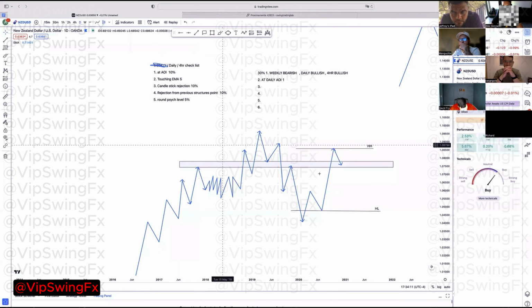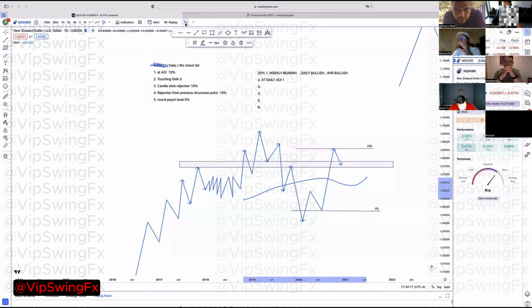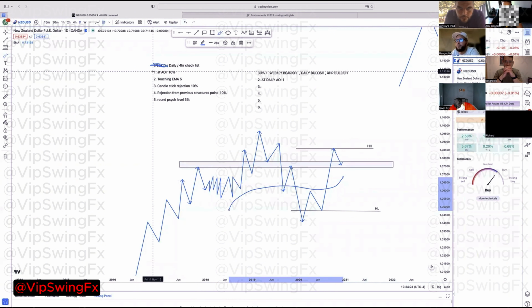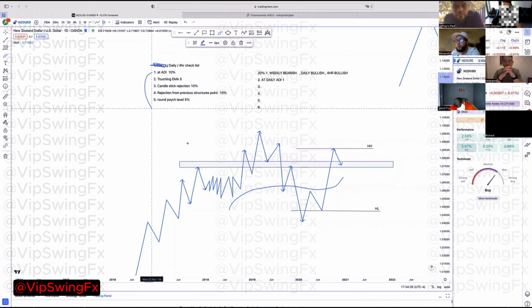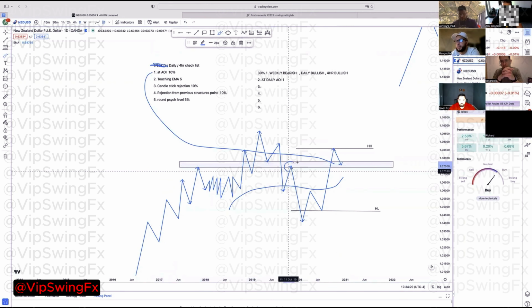So as of right now, this trade right here, from the following confluences, what can you mark off? Let's just walk through it very simply. Are we at an area of interest? Is this an area of interest? We have 1, 2, and then 3. Is that considered an area of interest?